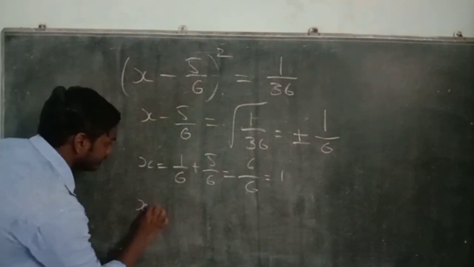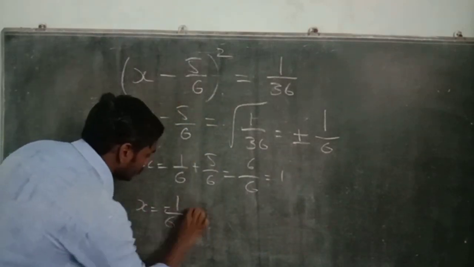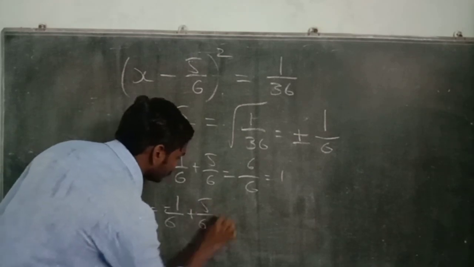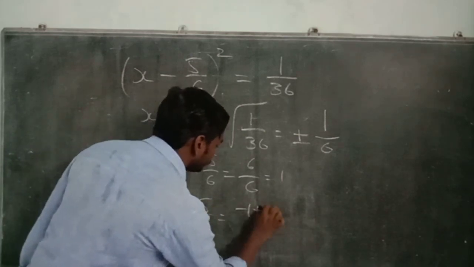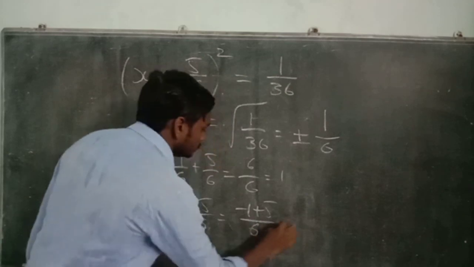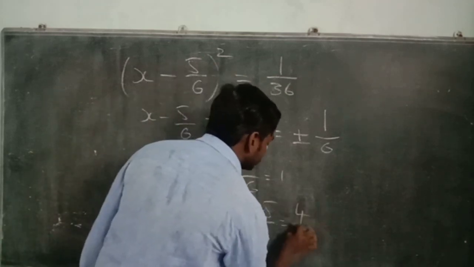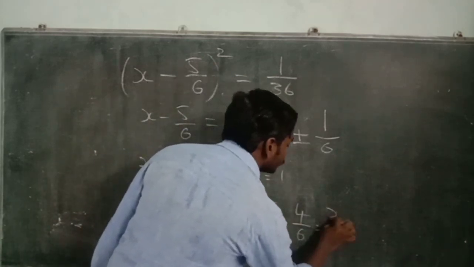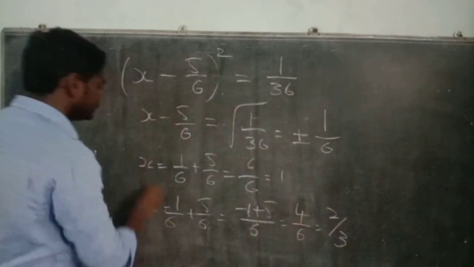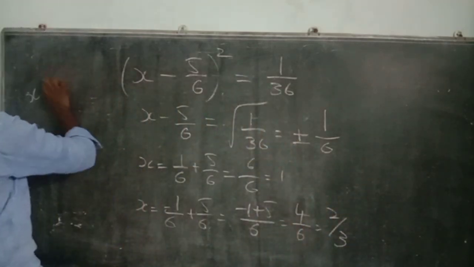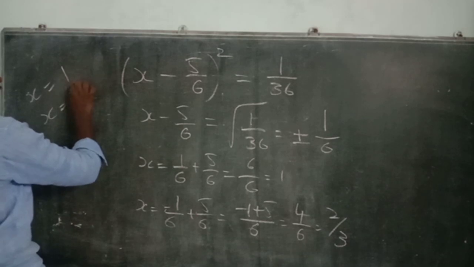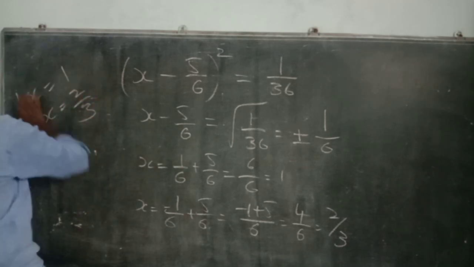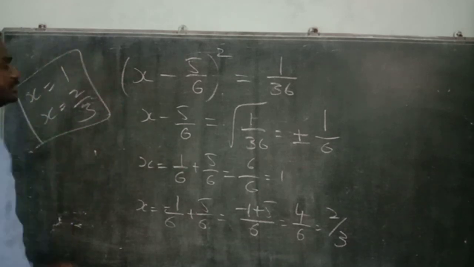Again, taking minus 1 by 6 plus 5 by 6, that is 4 by 6, equal to 2 by 3. So these are the two values, x is equal to 1 and x is equal to 2 by 3. These are the two values that satisfy the equation.